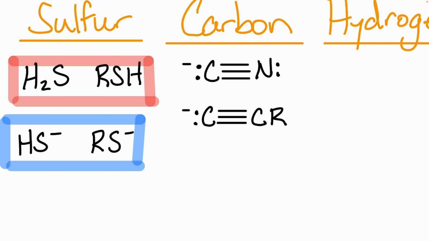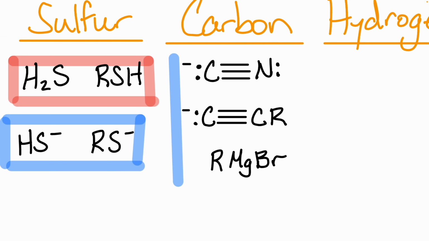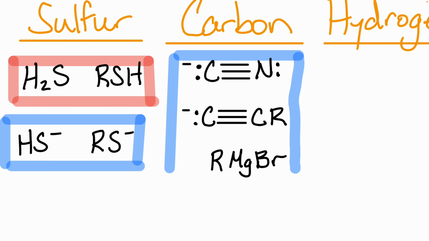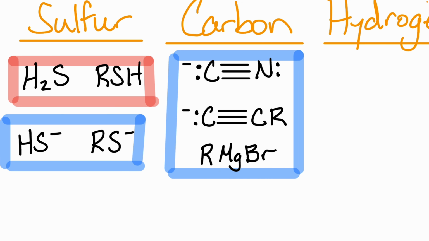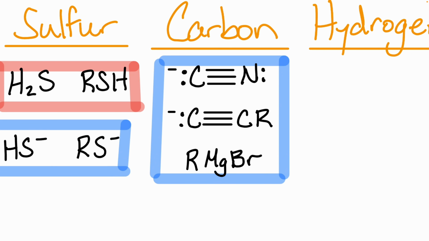So Grignards are also carbon nucleophiles. And all of these only work in basic conditions. You can't have a neutral carbon nucleophile. I mean, a Grignard's neutral, but that's in that really polar bond with magnesium. It's that weird organometallic compound. But all of these are basic condition nucleophiles.